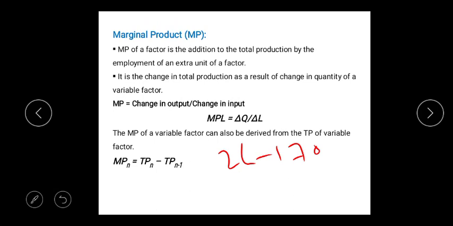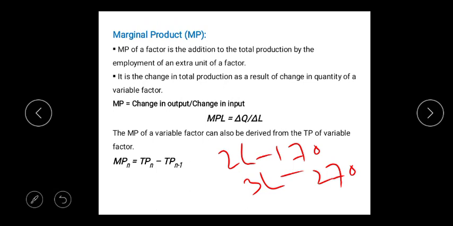Now, if instead of two workers, three workers are employed, and as a result, total product of rice increases to 270 quintals per year.